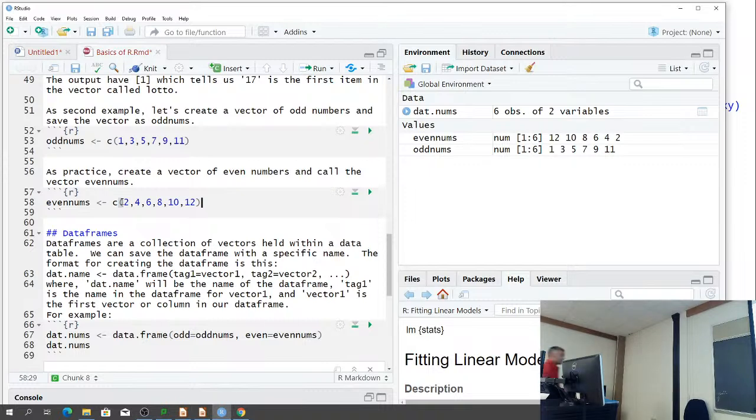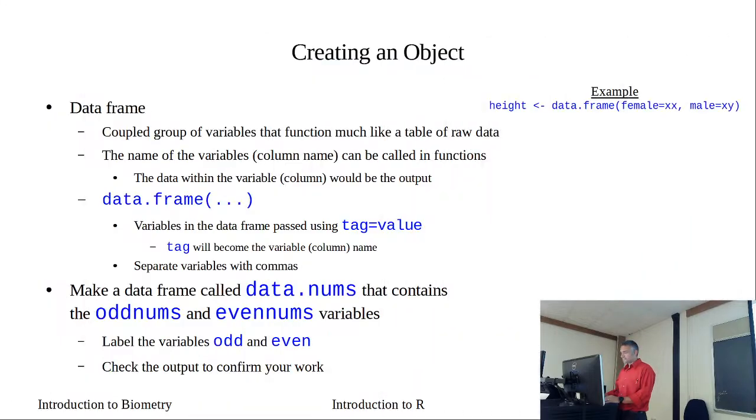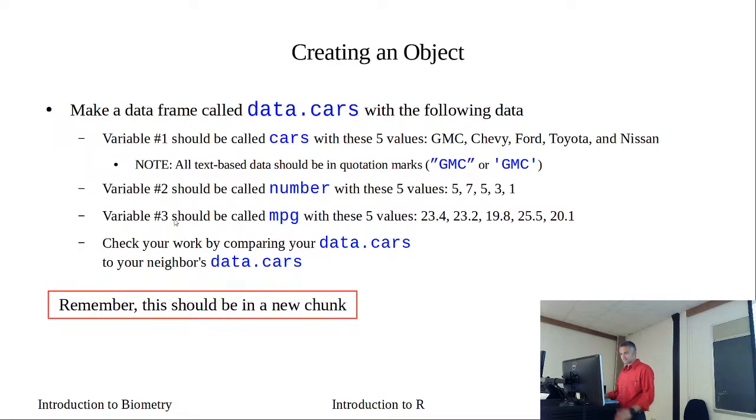So we created our data frames. All right, practice. This is practice exercise. What I want you to do is make a data frame called data.cars. Inside that data frame, we're gonna have 4 different variables.